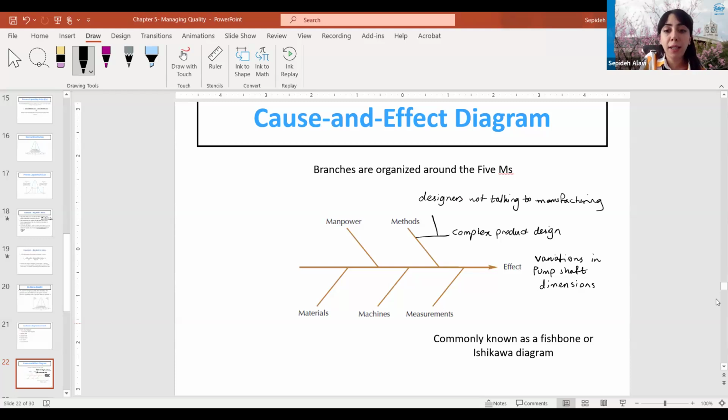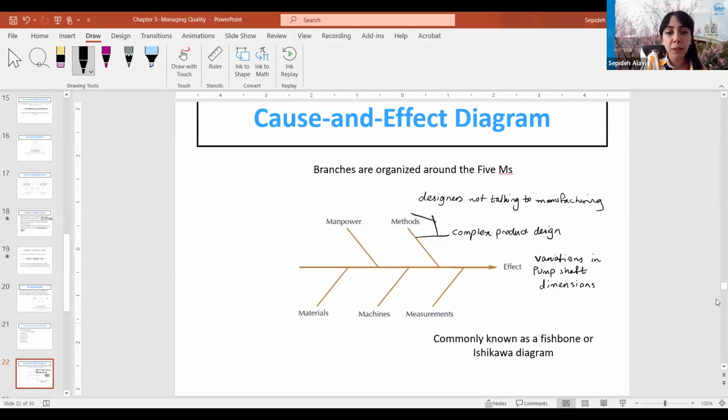Okay, and then we ask ourselves again, what is the cause? Why is that happening? So we would make another sub-branch, right? Why are the designers not talking to the manufacturing, okay? And what is the cause of that one? So we break down the causes into other sub-causes.